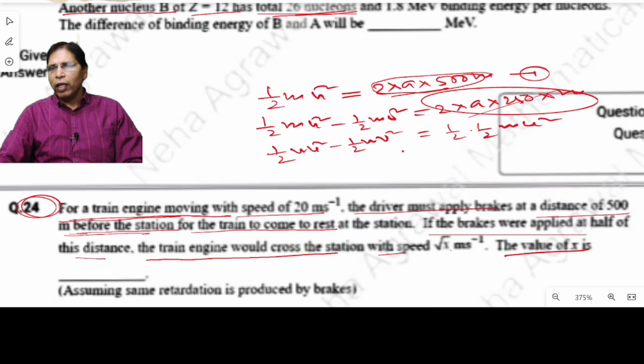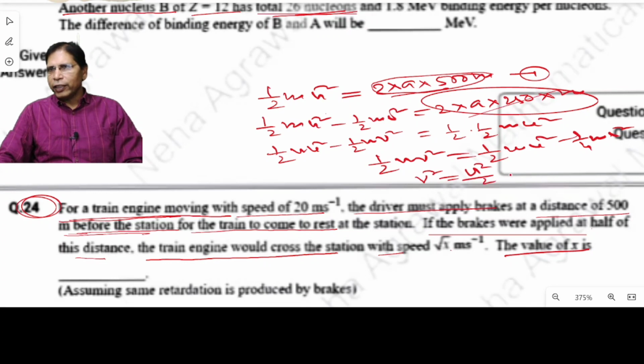So half mv square equals half mu square minus 1/4 mu square. So v square equals u square by 2.